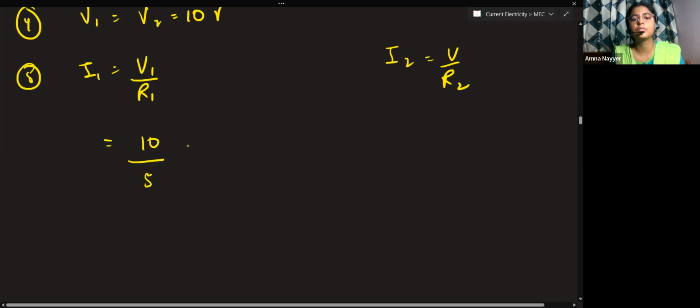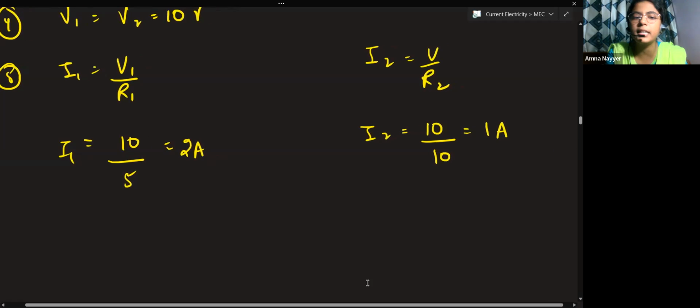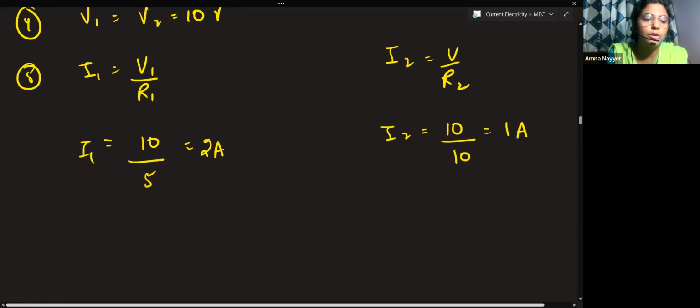R1 was 5. So it is 2 ampere. This is I1 is 2 ampere. I2 will be what? V was 10 and R2 was 10, so it is 1 ampere. So I1 is 2 ampere, I2 is 1 ampere. You can add and check: 2 ampere plus 1 ampere is giving you 3 amperes. That is giving us the total current of the circuit back. So all those who have not written it, just note it down.